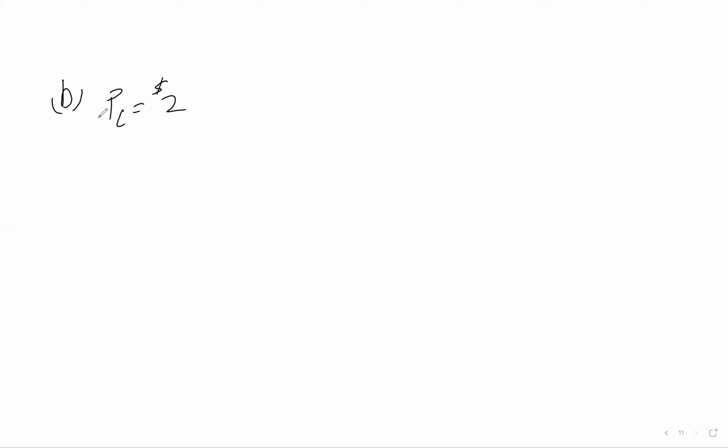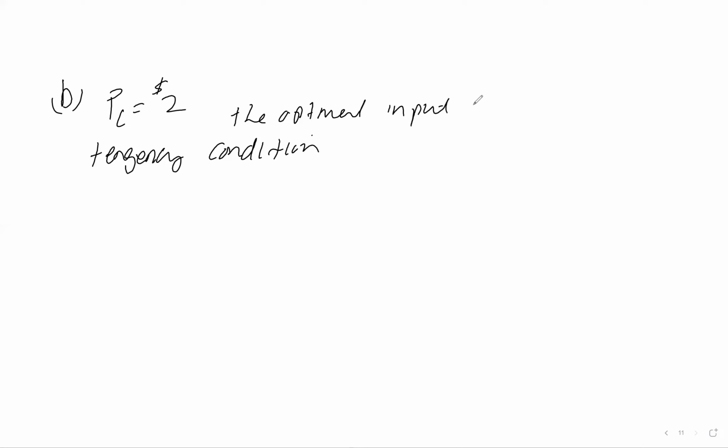As we did in part A, the optimal input mix is given by the tangency condition. So this one is the optimal input mix, capital over labor, given by the tangency condition.